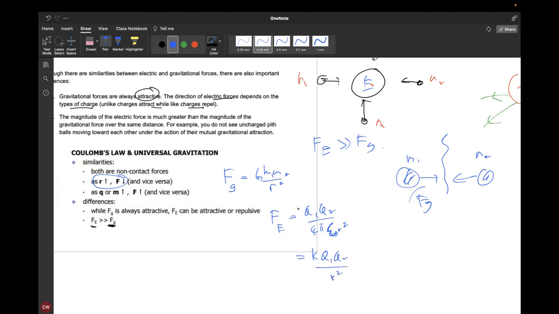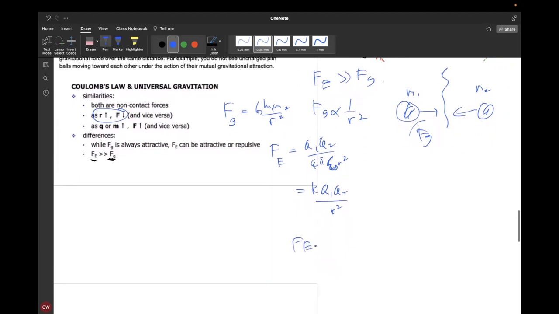So as we can see, gravitational force is inversely proportional to R square. Electric force also R square. Okay? So this is a similarity.